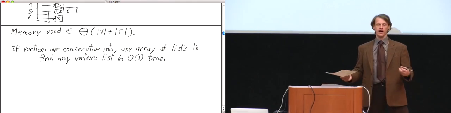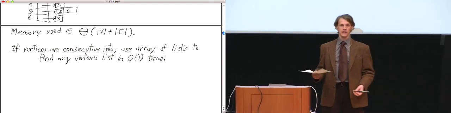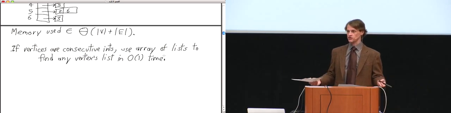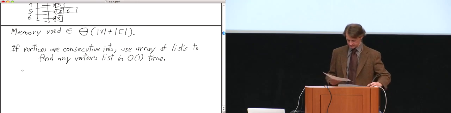But if the vertices are not expressed as integers, if they are arbitrary labels like the string Albany, then you can use a hash table to find your list.